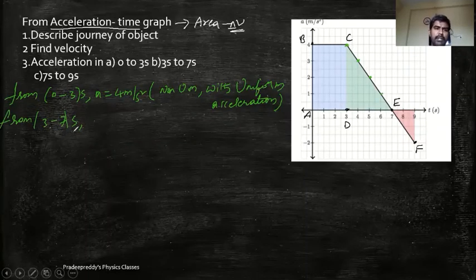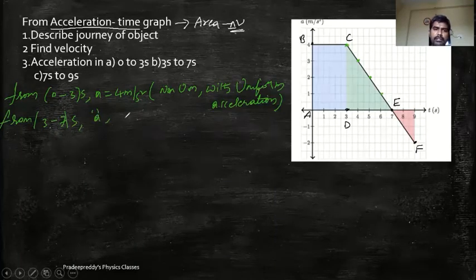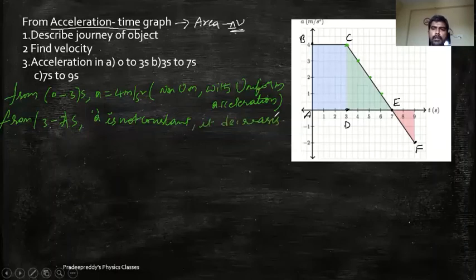So therefore, from 3 to 7 seconds, acceleration is not constant. It decreases. As it decreases, velocity decreases, right?